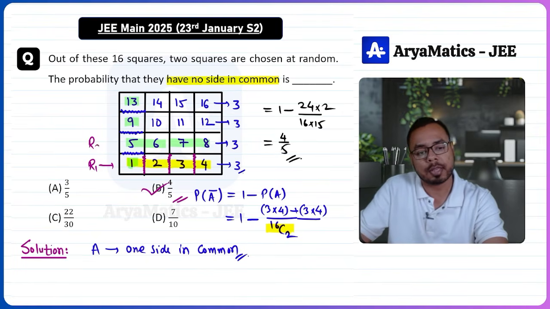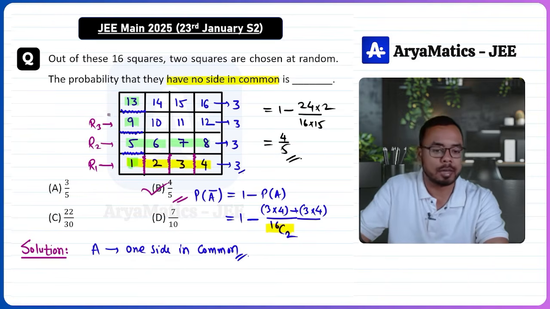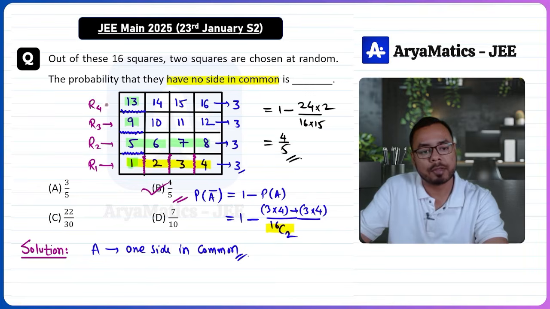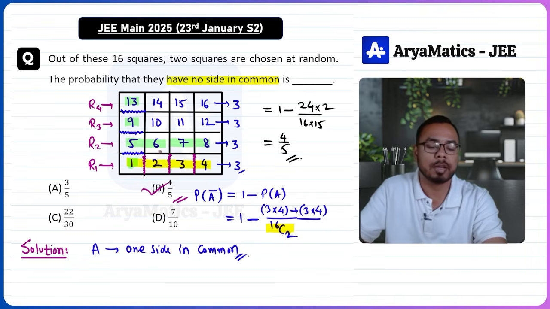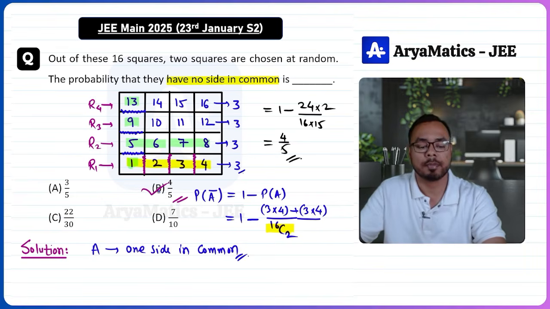Same thing you can say for the second row, then another 3 in the third row, and finally the fourth row. So if you select row wise, 3 into 4, 12, and the same thing column wise, another 12, and therefore the required probability will be 4 by 5, and hence the correct answer is the second option.